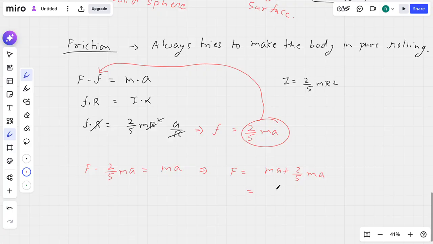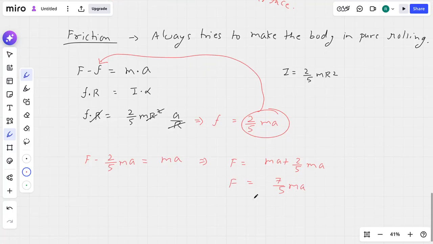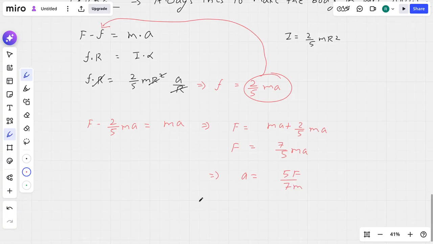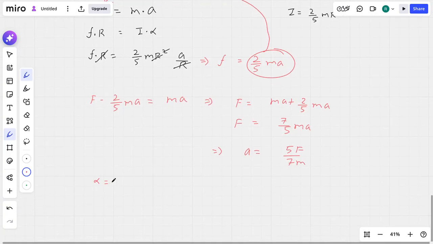So this is basically 7 by 5 m a, and this is F. So our acceleration becomes 5F by 7m. Also we can write angular acceleration alpha as a upon r, which is 5F by 7 m r.